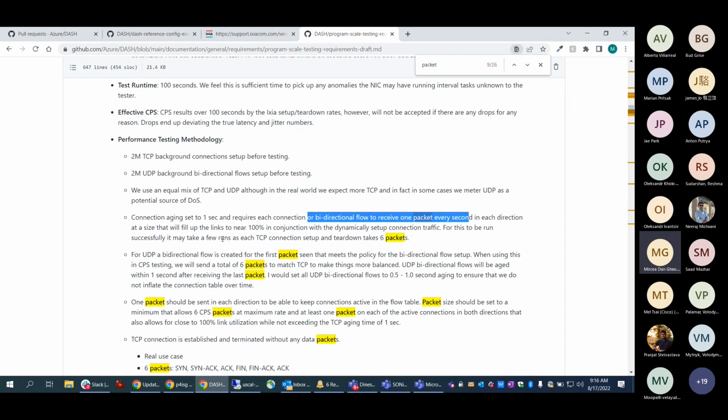But this bullet is referring to the background traffic because it's saying 1 packet every second, and then it says in conjunction with the dynamic traffic. Right, so I think this bullet is really just referring to how to keep the background traffic alive.